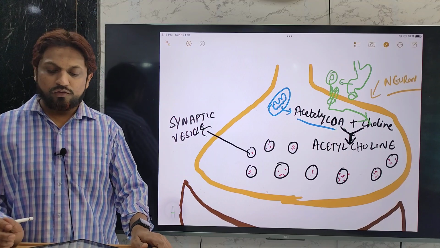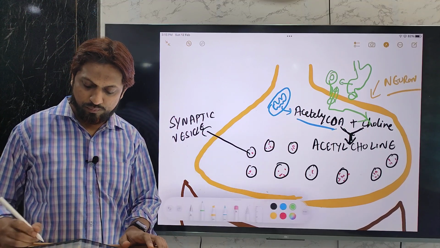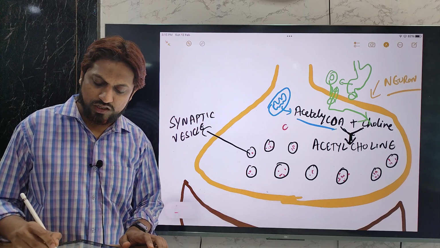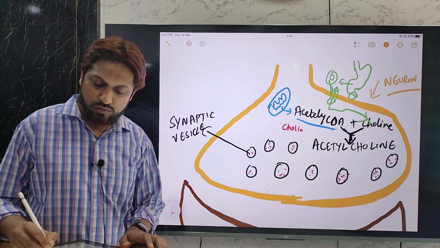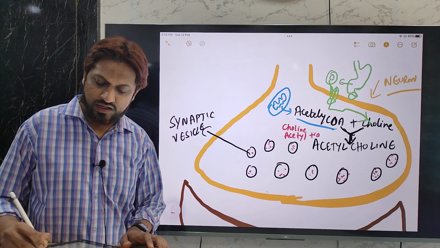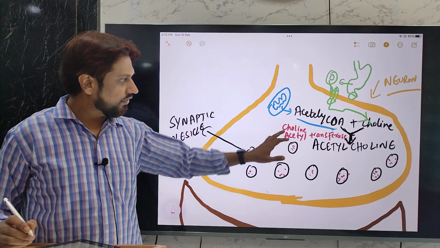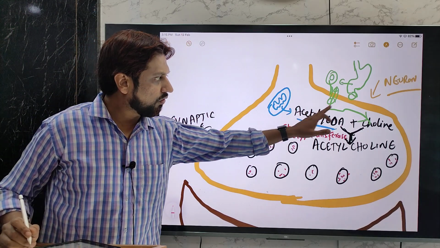So we have discussed the source of choline and acetyl-CoA. With the help of a very important enzyme known as choline acetyltransferase, which catalyzes this reaction, acetyl-CoA is combined with choline.